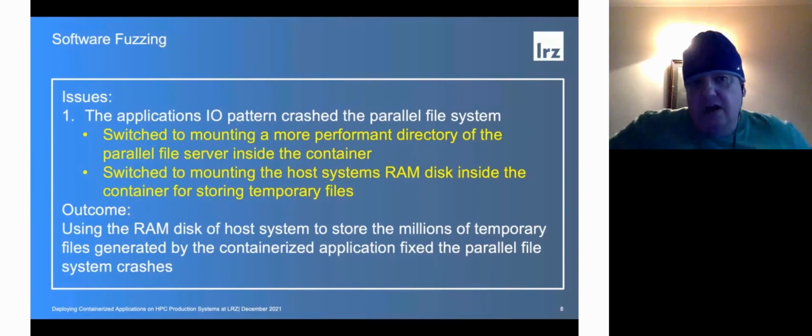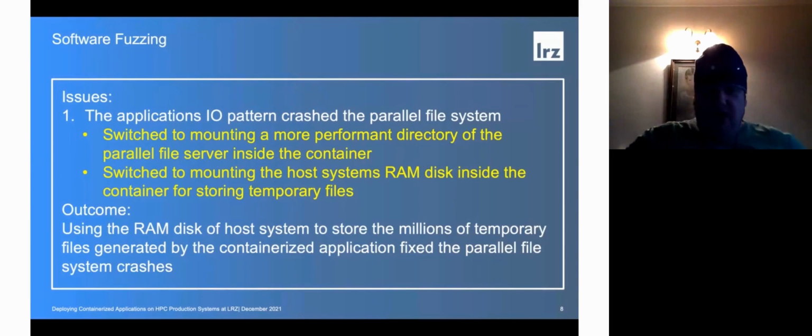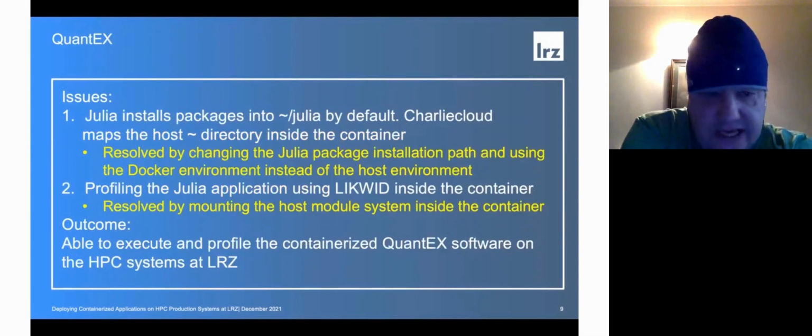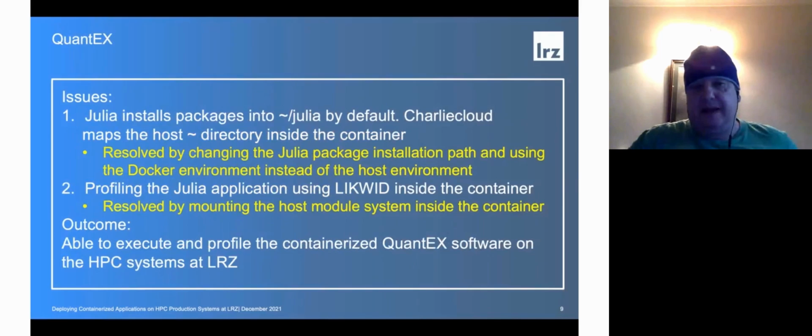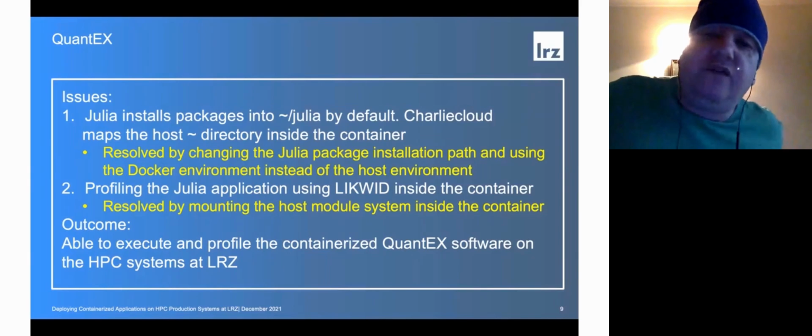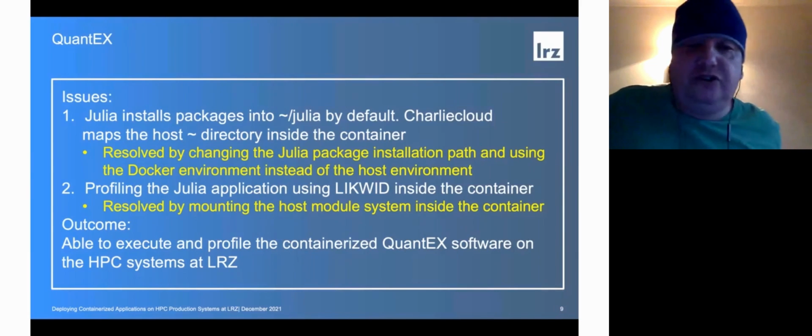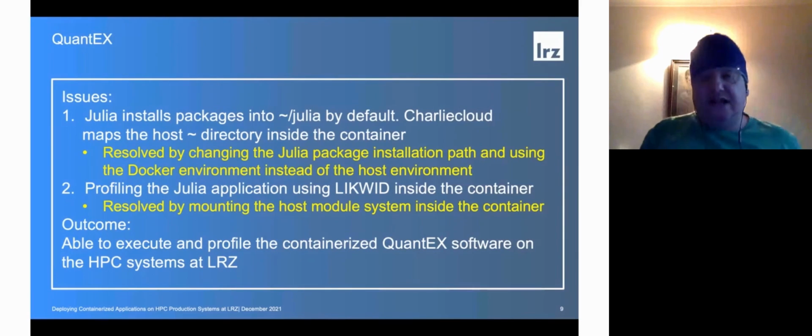So another example, which was relatively recent, is we wanted to use Julia. And one of the issues we found out was that Julia basically installs the packages in your home directory. And by default, Charliecloud maps the host's home directory inside the container.